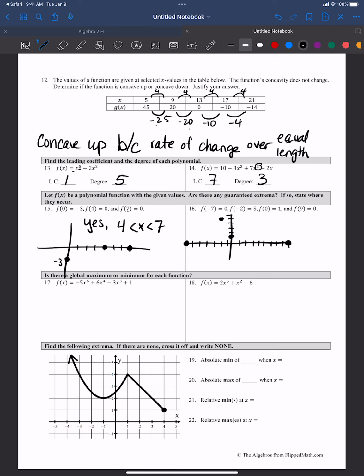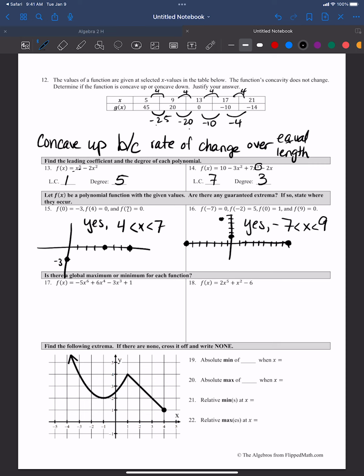So once again, I have 2 points at 0, so I can say yes, there is one, and it would be on the interval between the two zeros, which would be negative 7 and 9. So somewhere when x is less than 9 but greater than negative 7, the extrema exists.